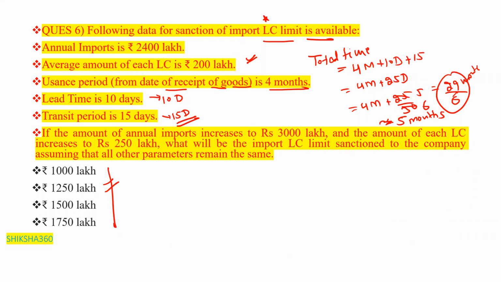Now move to the question here. LC limit, we know, is consumption into time upon 12. Consumption, that is annual imports, increases to 3000, into total time 5 by 12.